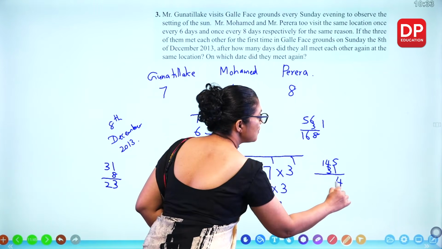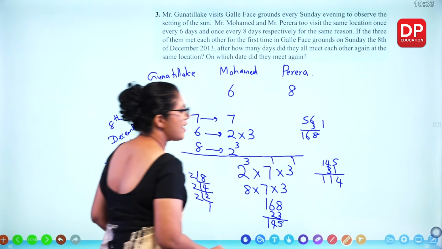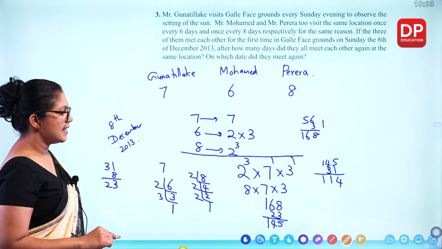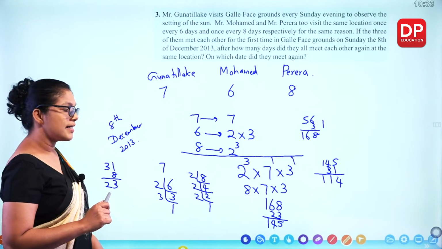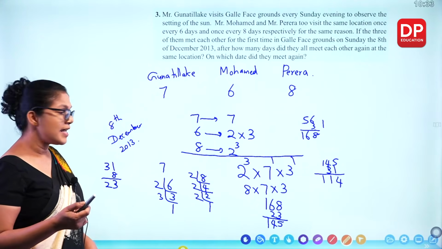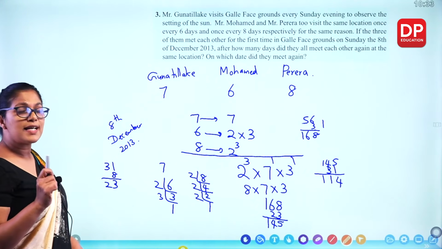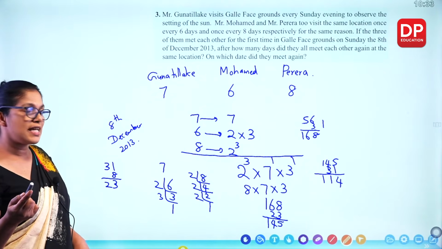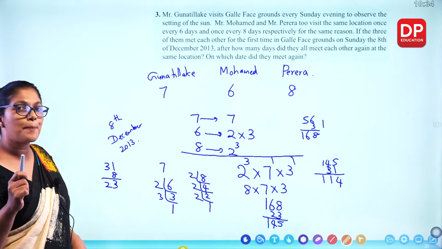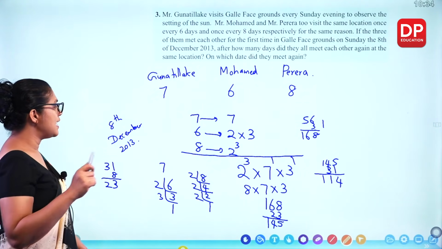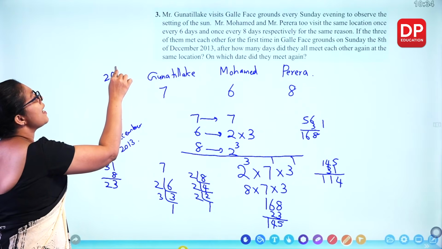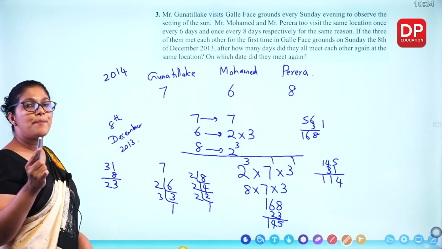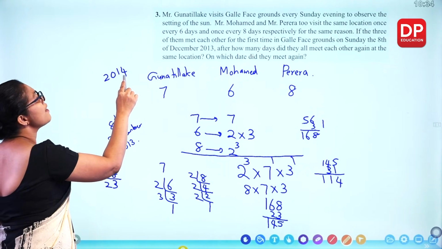So you get 114 days. That's up to January 31st. February. Now, this is 2013, that means 2014. Is it a leap year? If it's divisible by 4, that means a leap year. So, is it divisible by 4?